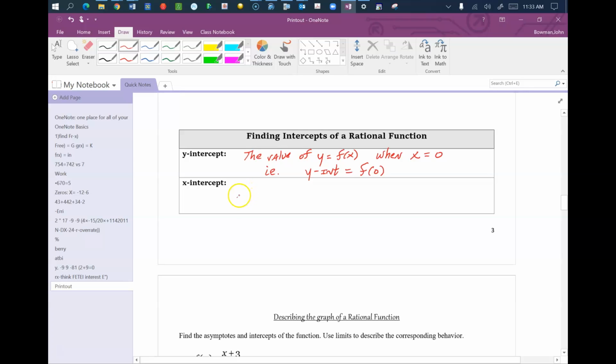x-intercepts, on the other hand, are the real zeros of only the numerator.